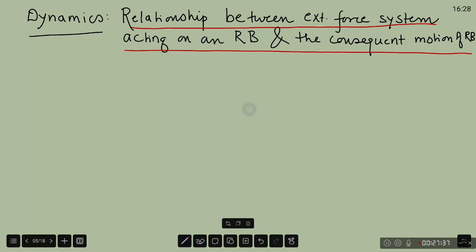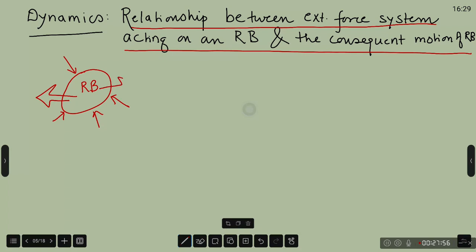Now see, after all, what we want to predict: if there is an RB and I have a force system acting on it, an external force system, what do I eventually want to predict? I want to predict at a later time, say at time t.